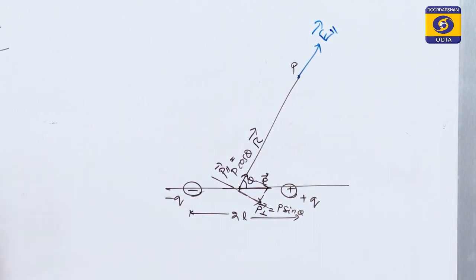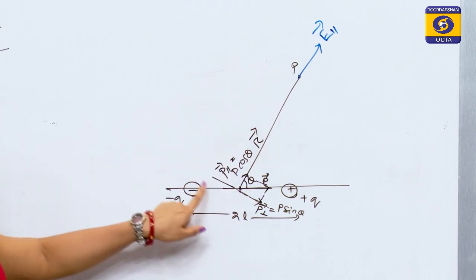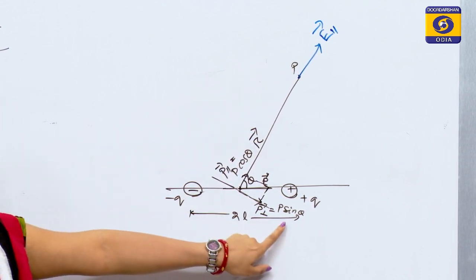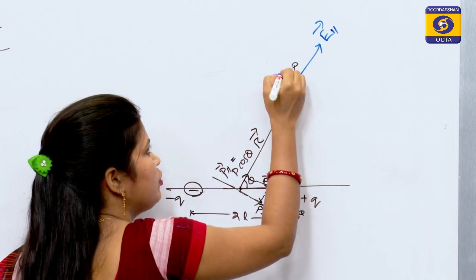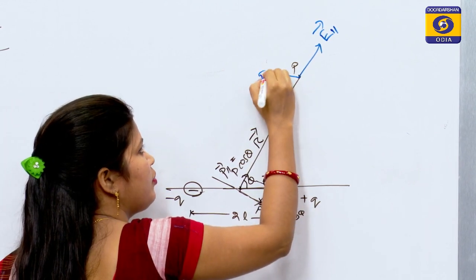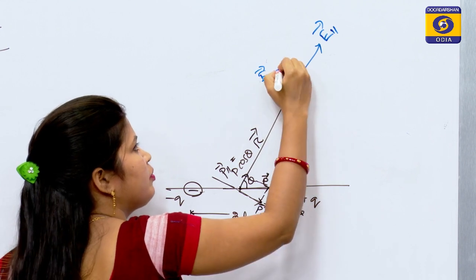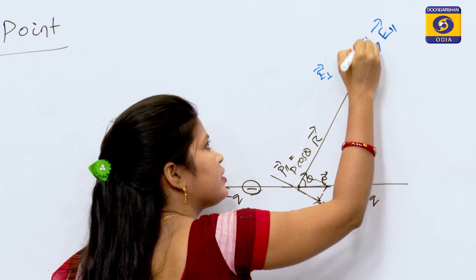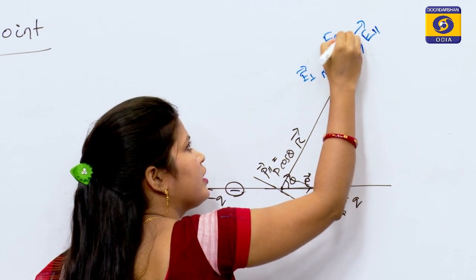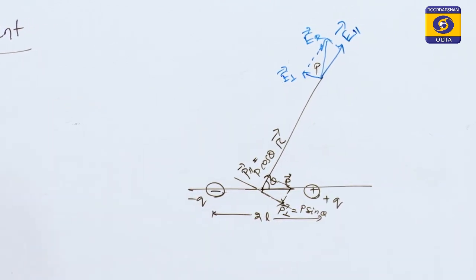And point P lies on the equatorial line of a dipole with dipole moment p sin theta, so the direction is opposite to p, that is E perpendicular. By drawing a parallelogram we get the resultant electric field intensity E r.